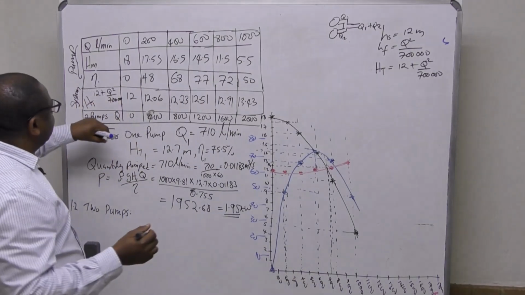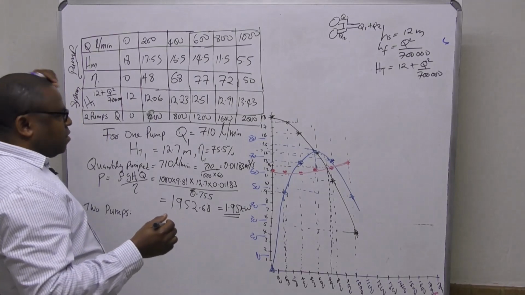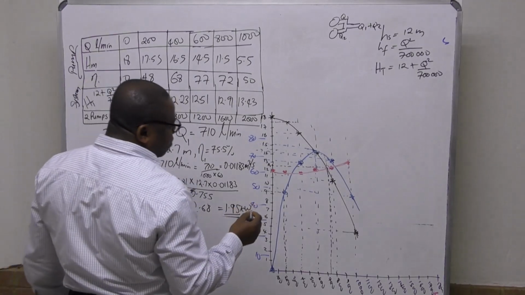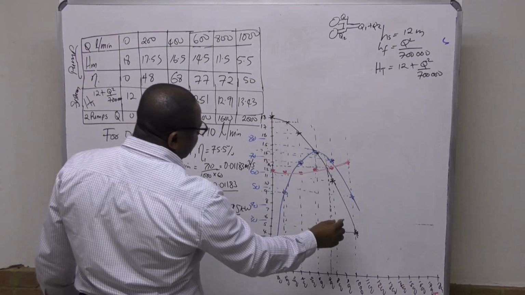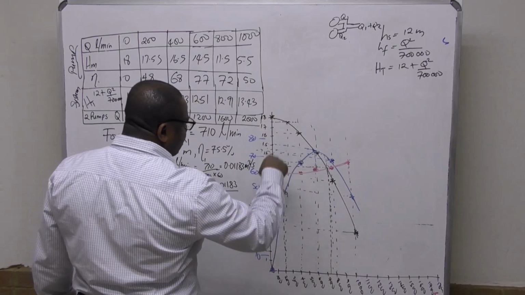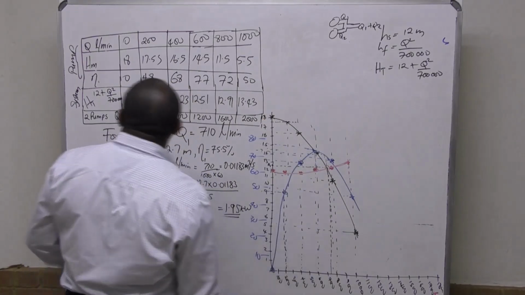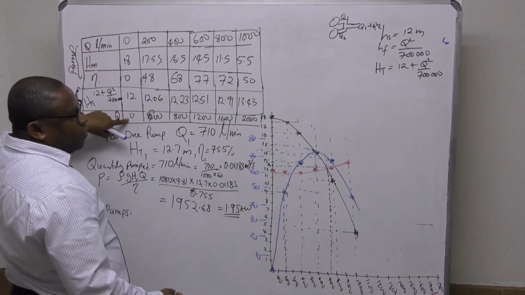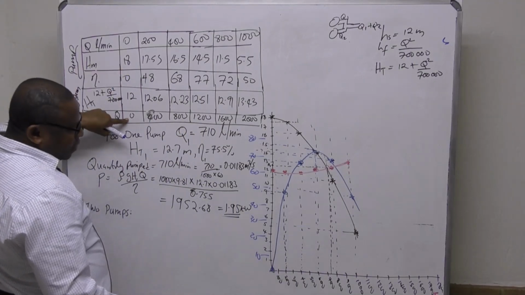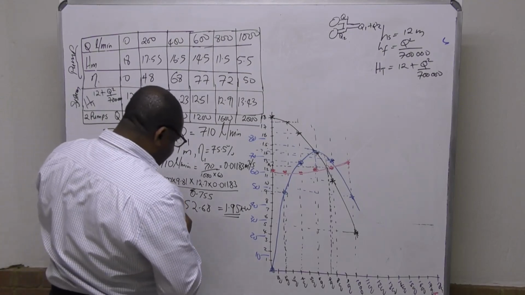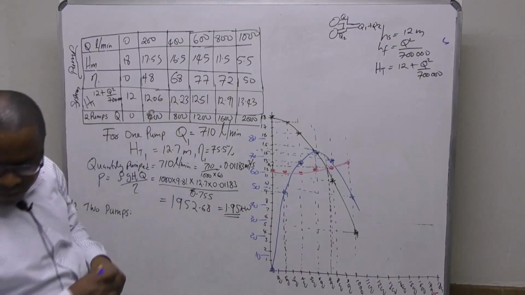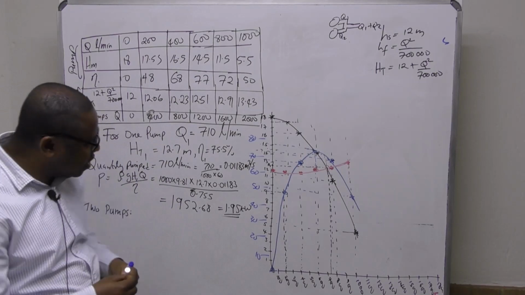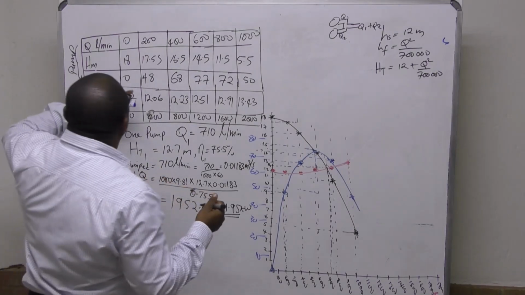So let's remember when we wanted to plot the first graph for the pump, it was head against flow. So the head still remains the same against this flow. All right. So it means that for pump 2, let's look at pump 2.